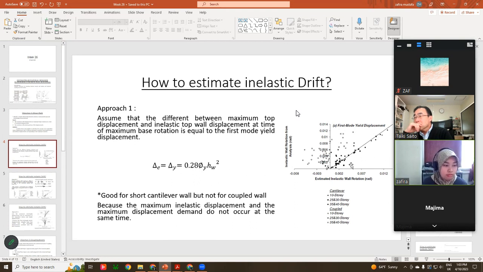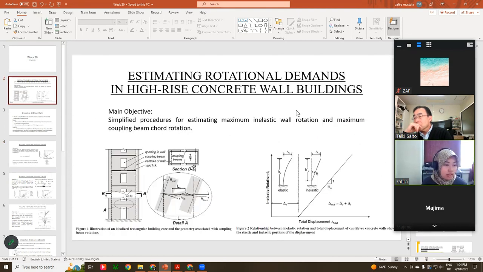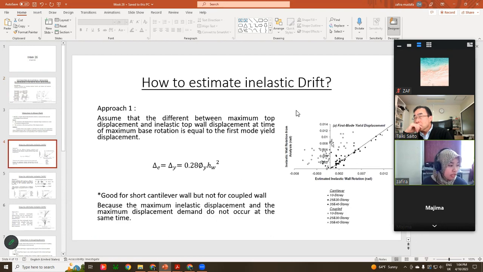If you can see here, the black dot is for the cantilever and the white dot is for the coupled wall. So in this experiment, they have two different walls. They have coupled walls and they also have only cantilever walls. So that's why they have two different types.